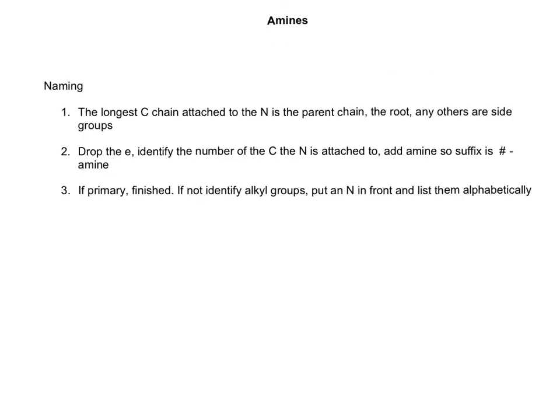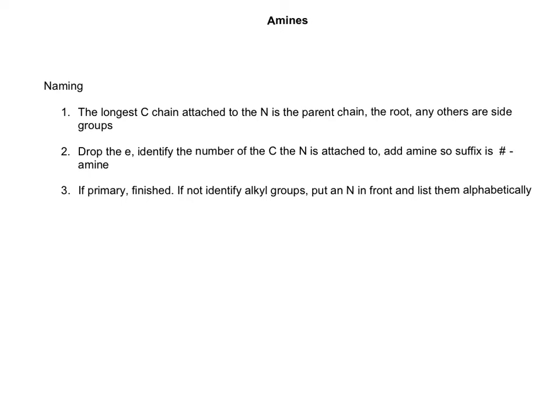So naming. Look at the structure, and if there's more than one carbon chain, you find the longest one, and that becomes the parent chain. All the others become side groups. From that longest carbon chain, you're going to drop the E. So if it was propane, you drop the E and identify the number of the carbon that the N is attached to, and add the number and the word amine at the end.